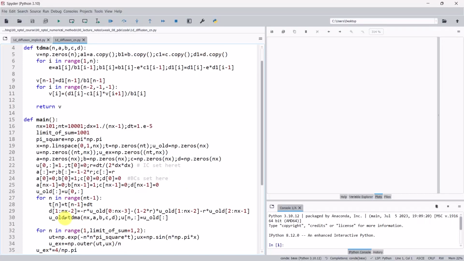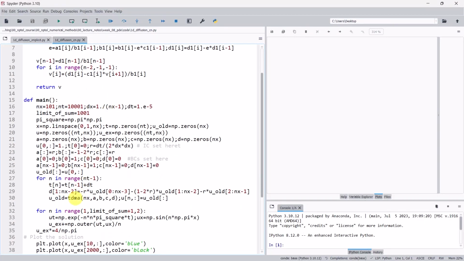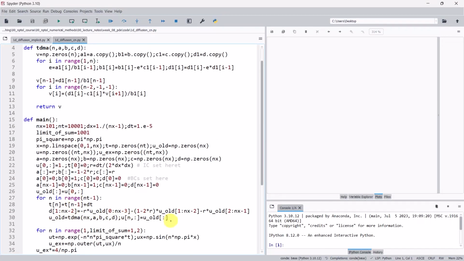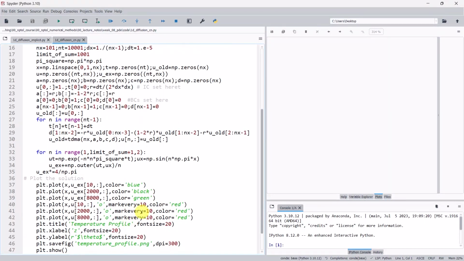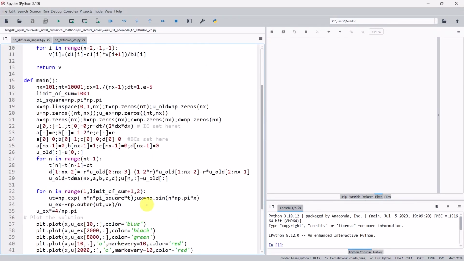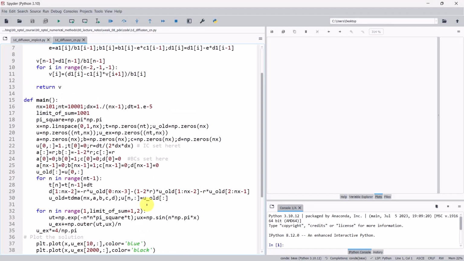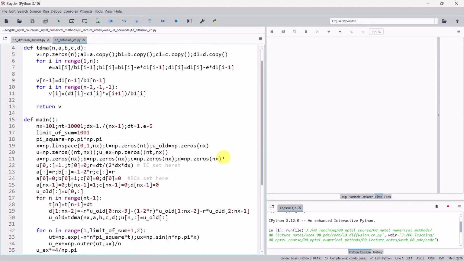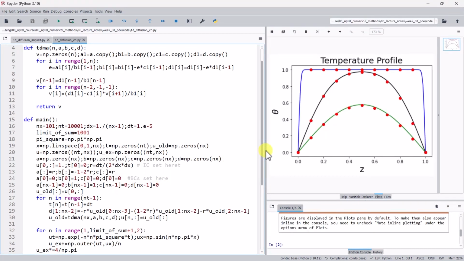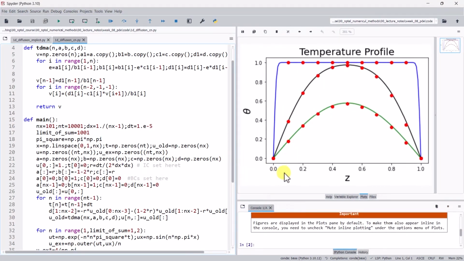Then, once again, this is the same thing. I am going to this TDMA and I am calculating this u old. Then u old is my u at nth time level. Here I am calculating the exact solution, and then I am plotting exactly the same thing as I was plotting in explicit or implicit. So let us run the case and see what happens here. So I'm running it now. You can see that it gives exactly the same result as my explicit or implicit.